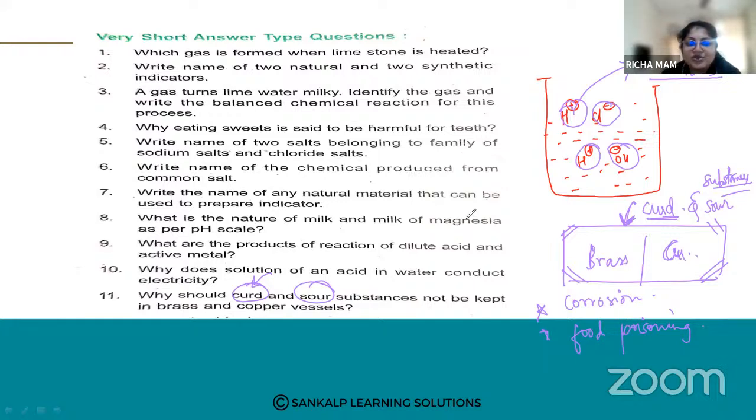So why should curd and sour substances not be kept in brass and copper vessels? Because in the curd acid is present, and that acid will react with the copper and brass vessels, and corrosion and food poisoning can occur. Okay, fine.